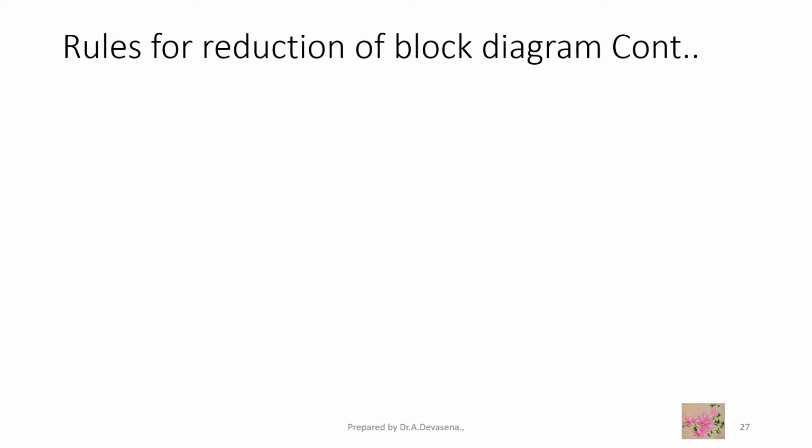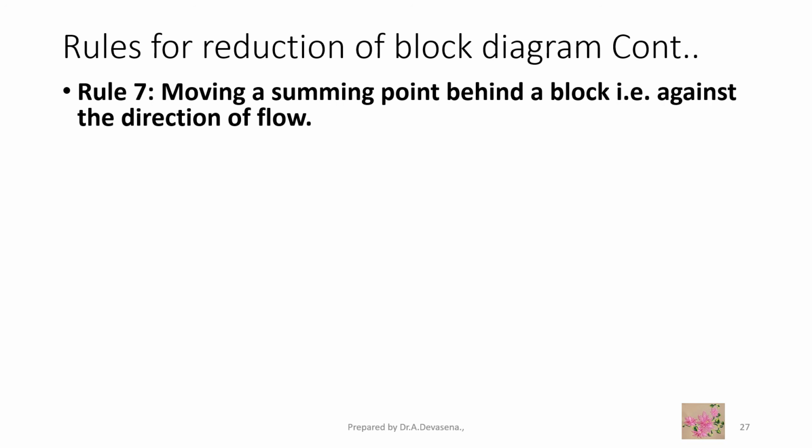Rule number 7. Moving a summing point behind a block, that is against the direction of flow. That is, we are going to shift the summing point from the output side towards the input side. This is the representation. Initially, the summing point is present in the output side. We are going to shift this summing point towards the input side.